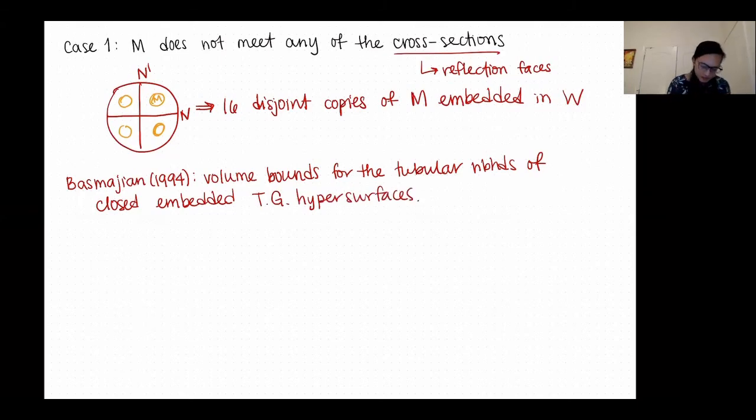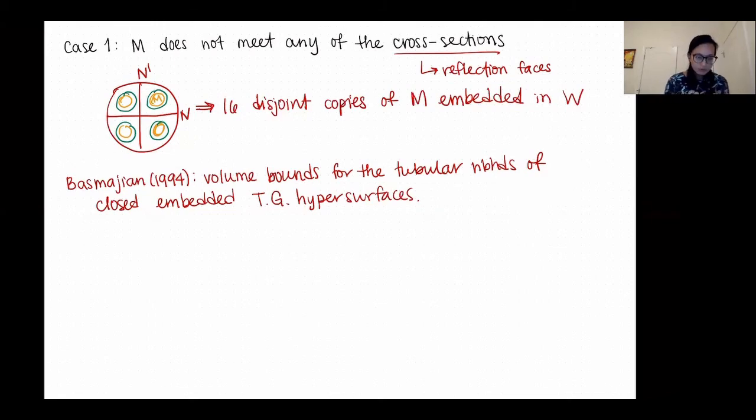What that means is that around each one of these there's a neighborhood. These neighborhoods are disjoint from each other, and they contribute some amount of volume to the manifold W. This volume grows as the volume of M as a 3-manifold grows.